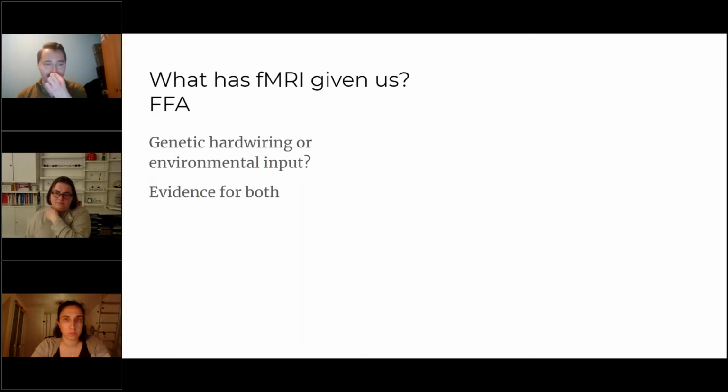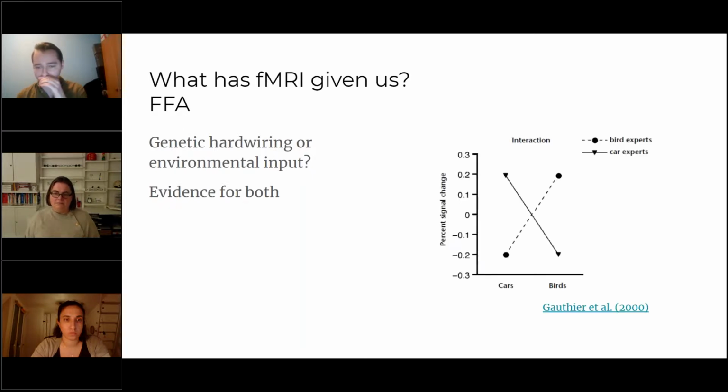So evidence for the idea that the FFA has something to do with the environmental input that people actually receive comes from this study, for example, by Gauthier and colleagues, who wondered whether they could get the FFA to also respond to other stimuli if people are also experts in identifying differences in those stimuli.